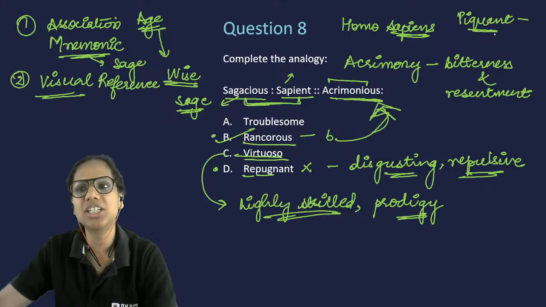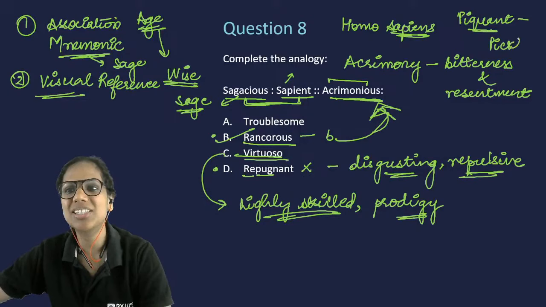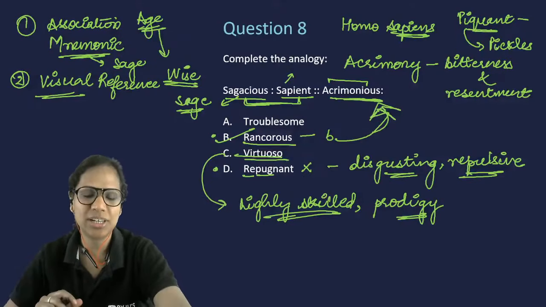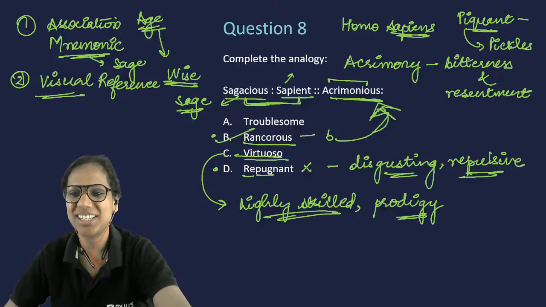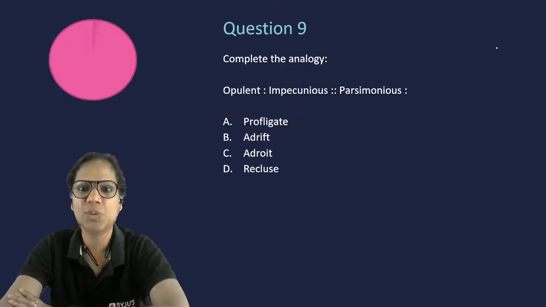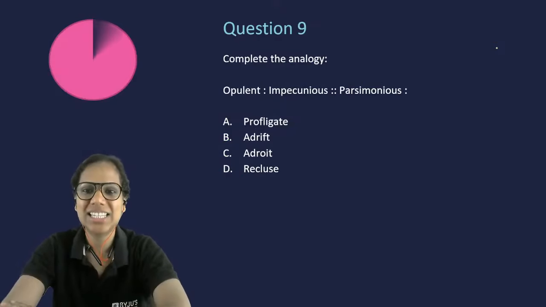I always associate it with pickles. Similar sounding also, and it justifies the meaning as well. So you can associate it with such things. Okay, that's a big $1 million question, I don't know either, right? So I hope these words are clear. Let's see another analogy question.